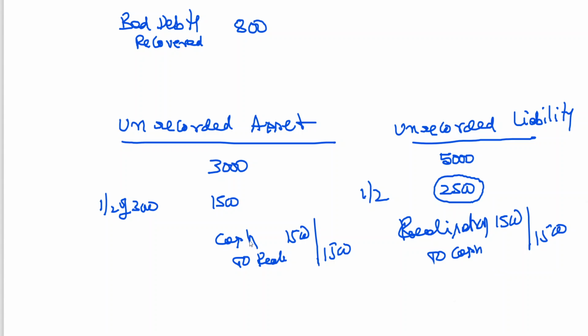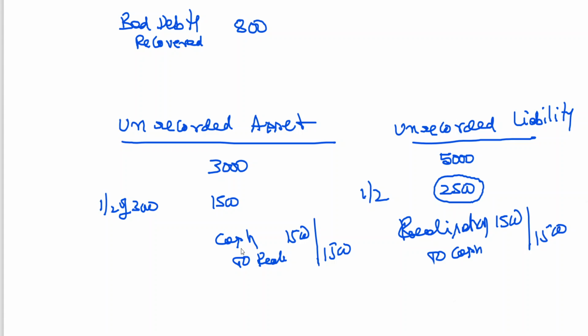In simple words, instead of me realizing this 1,500, I have given half of the amount to the creditor. Creditor means the person to whom the business owes. So 50% of the unrecorded asset, 1,500 rupees worth, has been given. You take this, whatever amount I can adjust, this 1,500 rupees, please adjust it towards the debt which I owe to you.